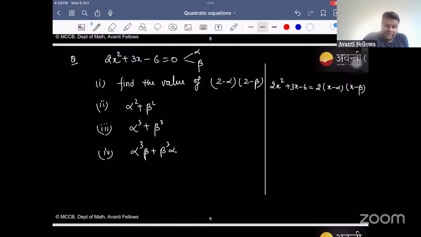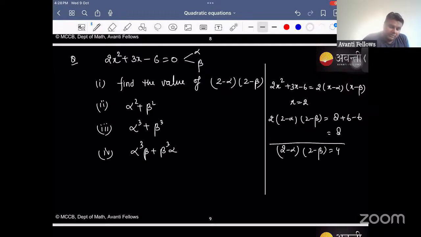Both are having same roots alpha and beta with the same leading coefficient 2. Got it? Now, to get the value of (2 minus alpha)(2 minus beta), put x as 2. So twice of (2 minus alpha)(2 minus beta) will be 8 plus 6 minus 6. This is 8.